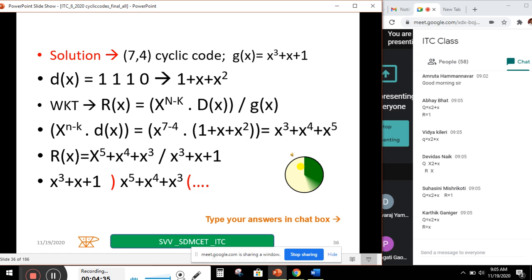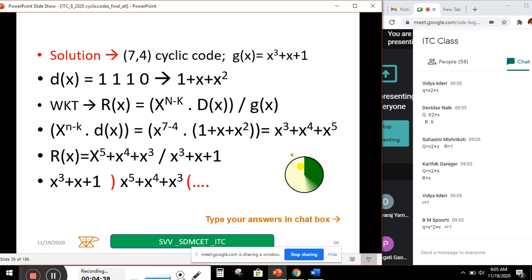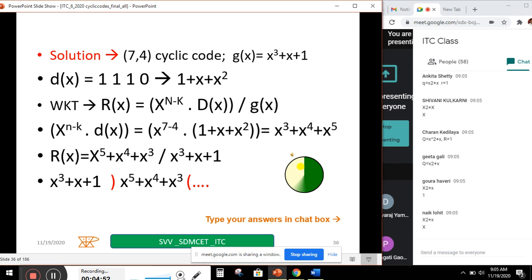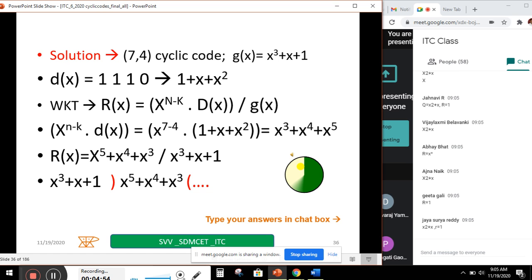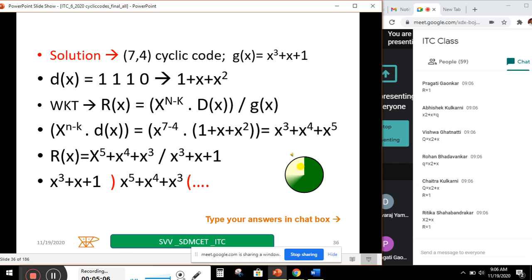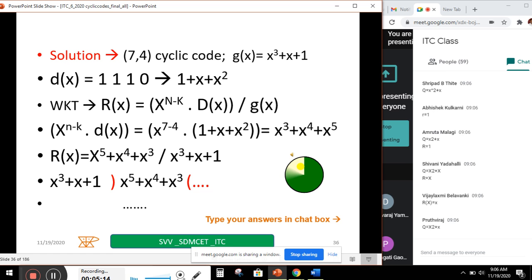Vidya, Devidas, Suhasini, Karthik, Spurti, Simran, Nivedita, Praveen Patil, Aditya, Bharat, Shivani, Charan, Geeta, Vijay Lakshmi, Ajna, Jaysurya, Pragati, Vinay, Parameshwara, Preeti, Priya Patil, Vishwa, Abhishek, Chaitra Kulkarni, Ritika, Shripad, Amrita, all are getting x square plus x.